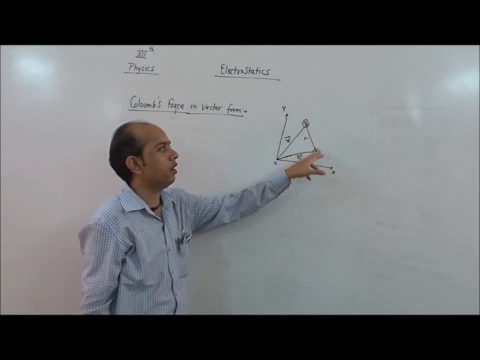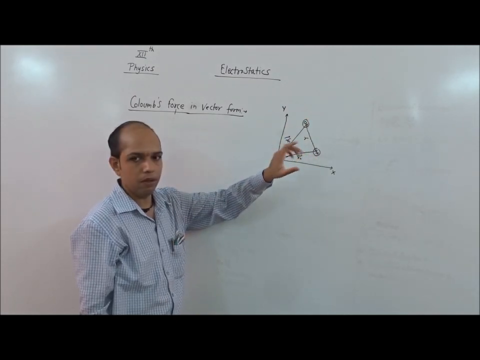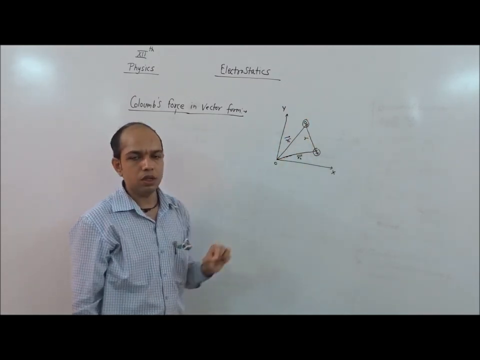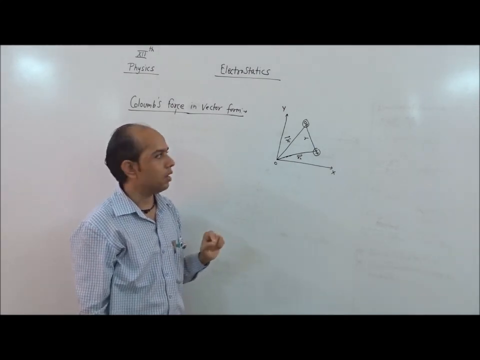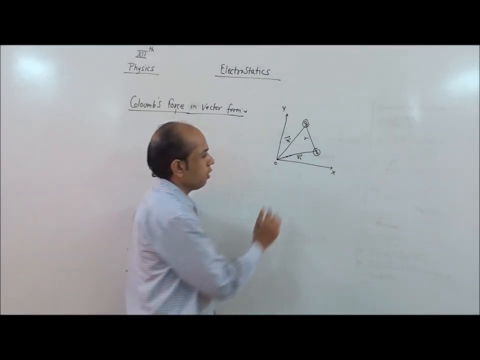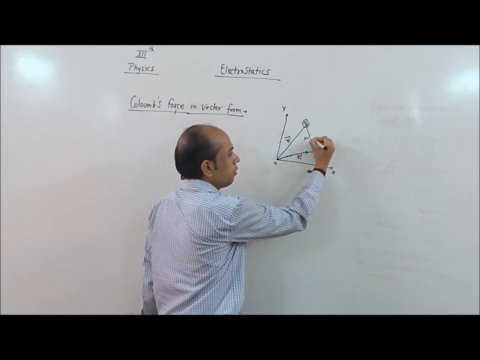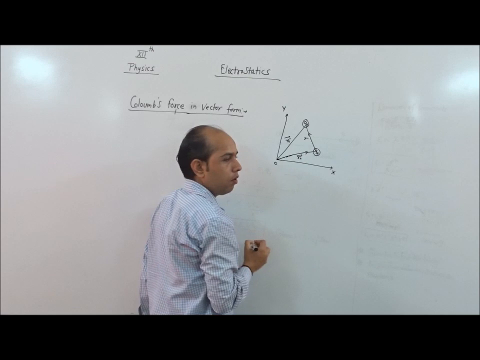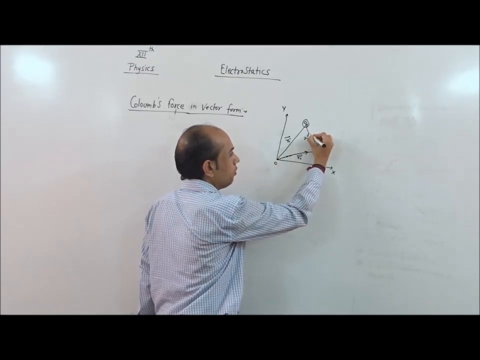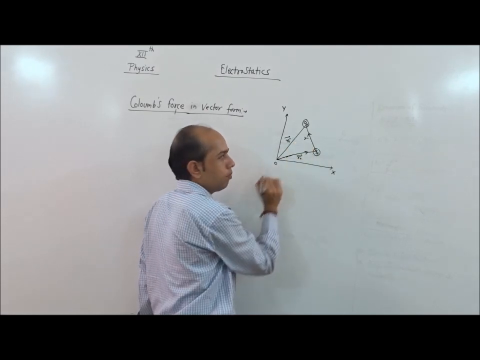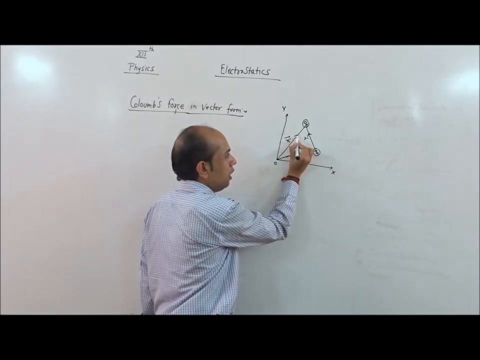Now in order to find the distance between the two charges, we use the law of triangle or law of parallelogram. The law of triangle states that if two sides of a triangle are in the same order or same direction, then the third side represents the resultant in the opposite direction.